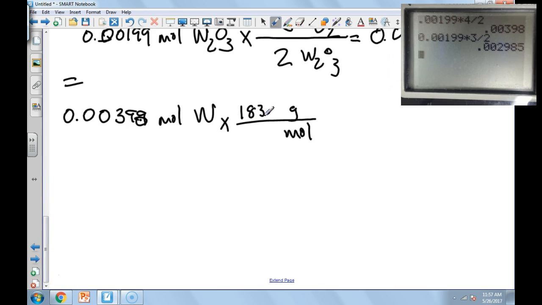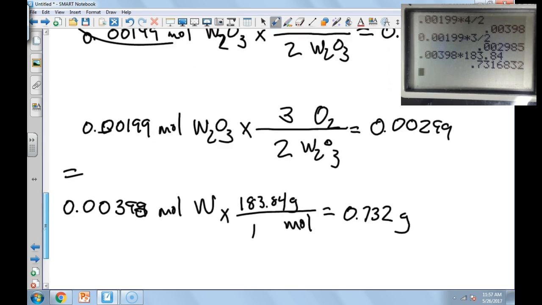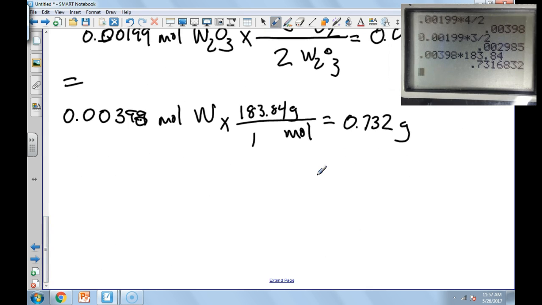So 183.84 per 1 mole, and that's going to equal, let's see, 0.00398 times 183.84, and we get an answer of 0.732 grams. So I'm going to take that, and I'm going to put that up here. Okay, and that's 0.732 grams.